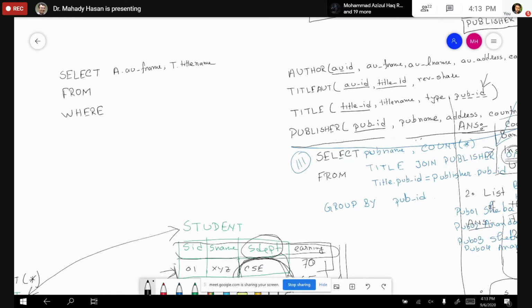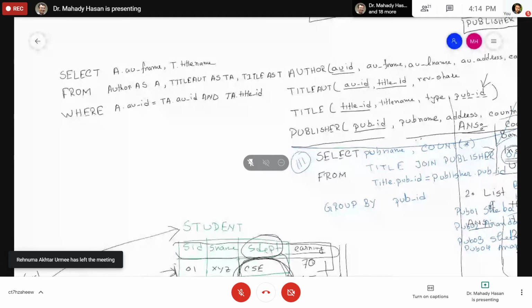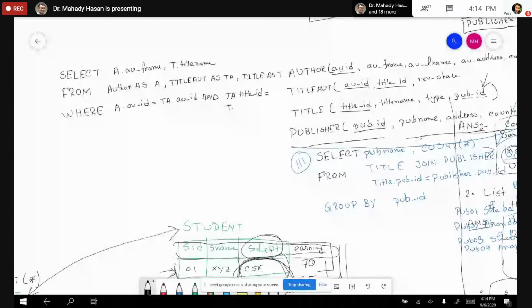Okay, from author as A, title author as TA, title as T, where A dot AU ID equivalent to TA dot AU ID, and TA dot title ID is equivalent to T dot title ID.